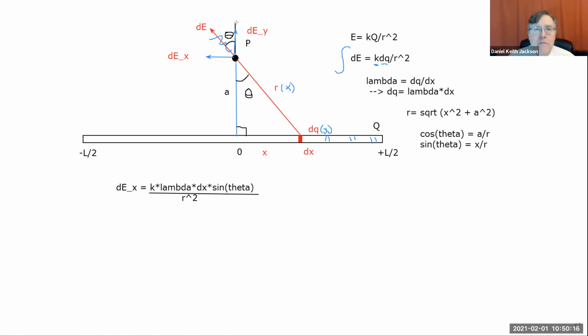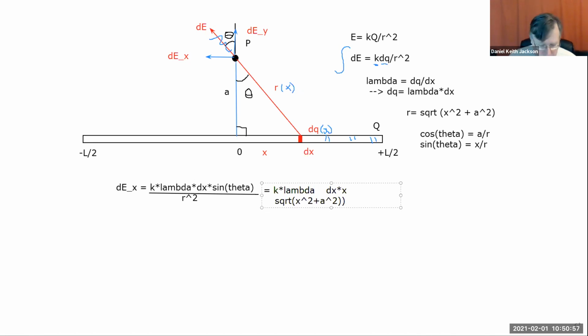So I will keep going and make this equal to K times lambda times dx times x over the square root of x squared plus a squared.